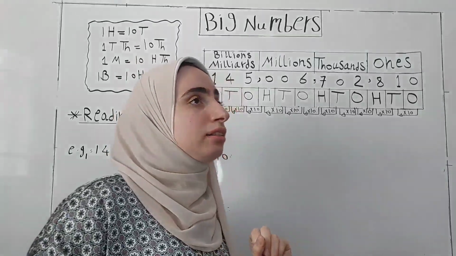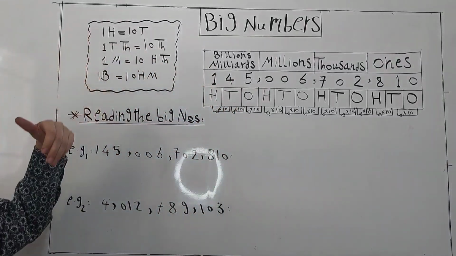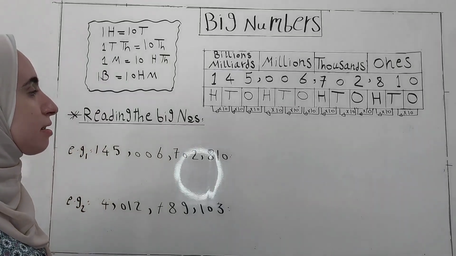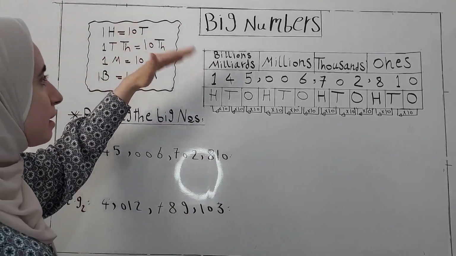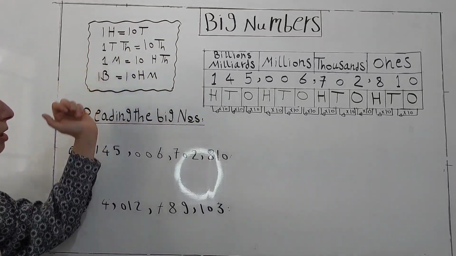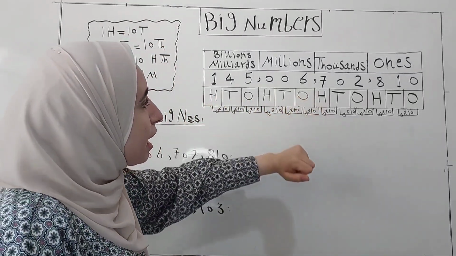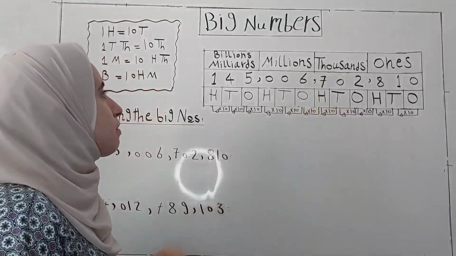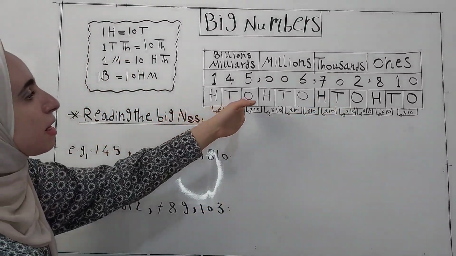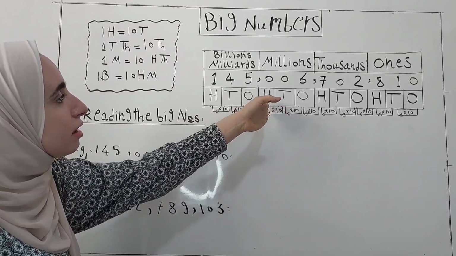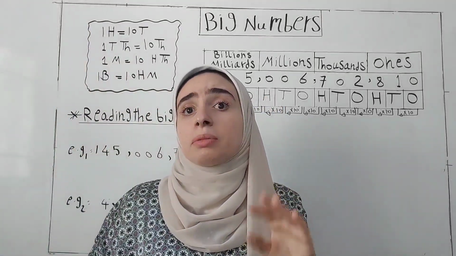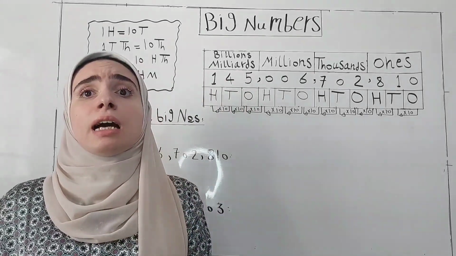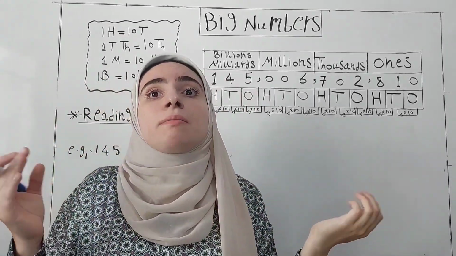So we can write 100 equals 10 tens, 10,000 equals 10 thousands, 1 million equals 1,000 thousands, 1 billion equals 1,000 millions, and so on. The first topic in this lesson is reading the big numbers.